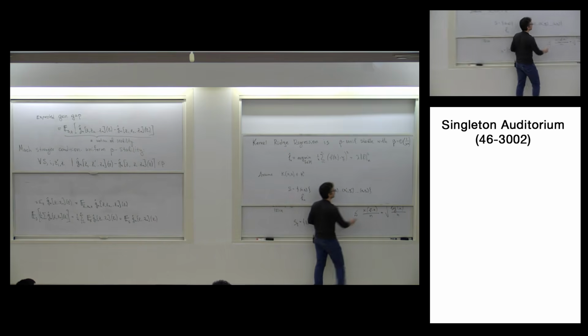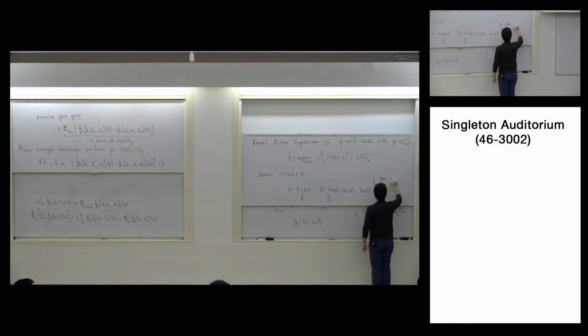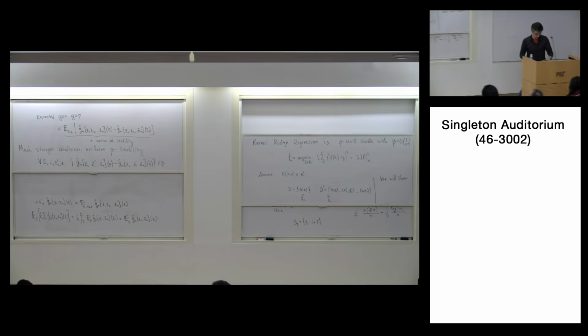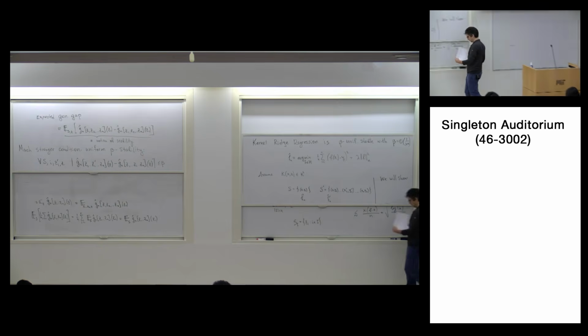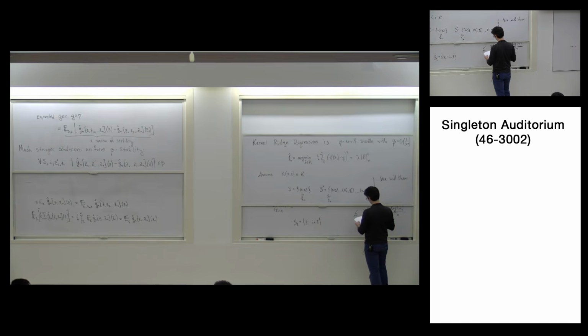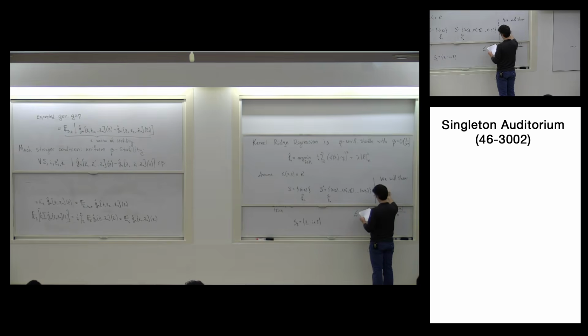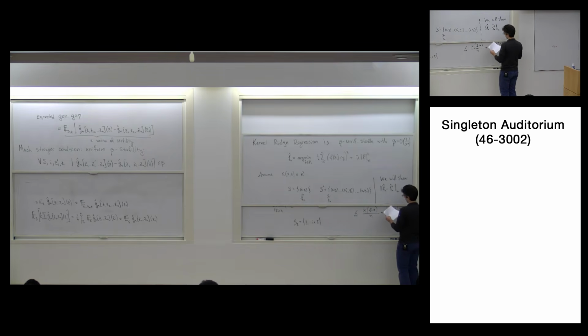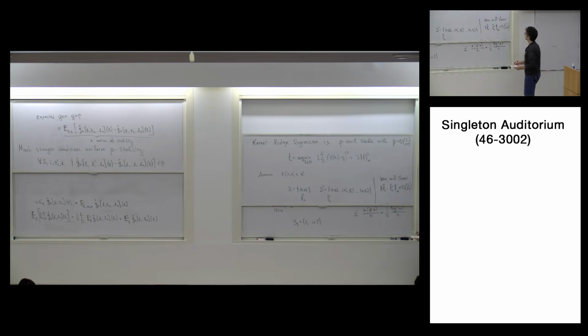So we will show that f hat n minus f hat n prime in the L infinity sense is bounded by order of 1 over lambda n. Okay?